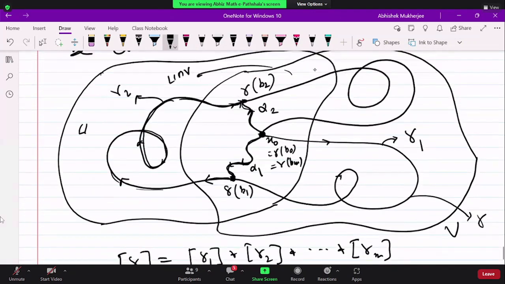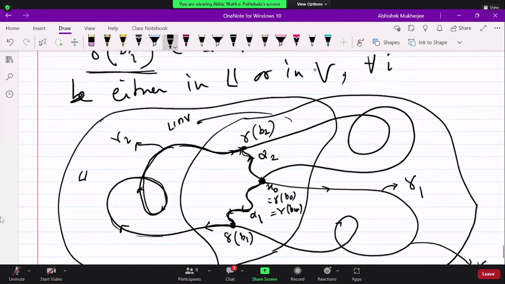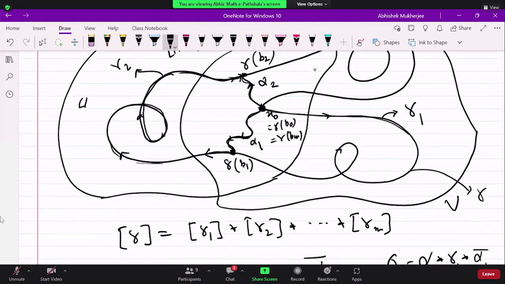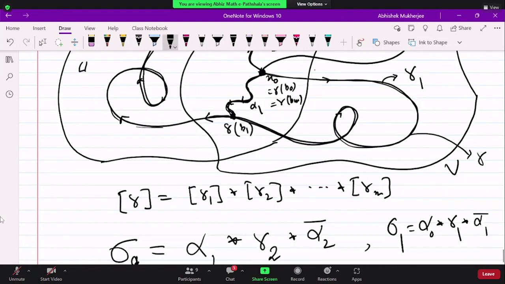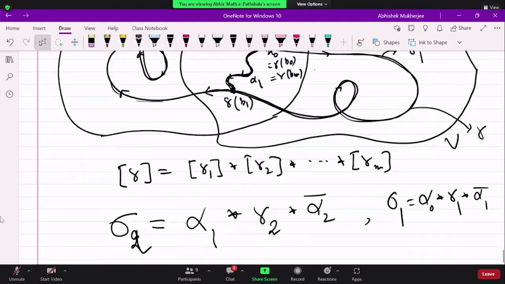That means starting from here, moving along this path, coming to gamma b1, and then moving around this path and coming back to X naught.